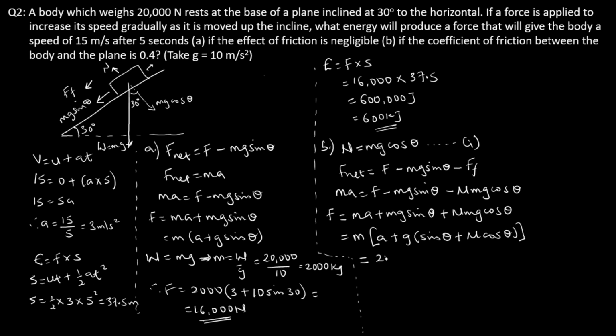We can have 2000 kilograms, which is the mass, into 3 plus, we're told to take g as 10, so we have 10 into sine 30 plus 0.4 cos 30.